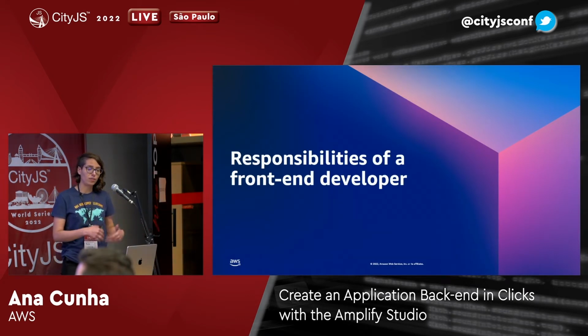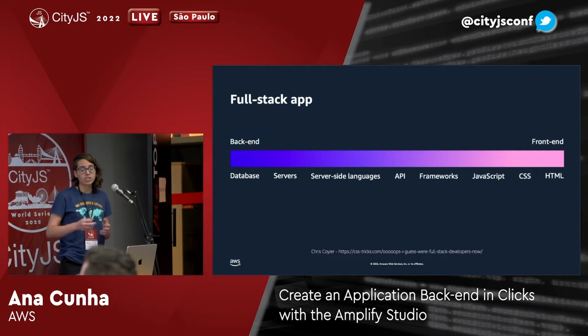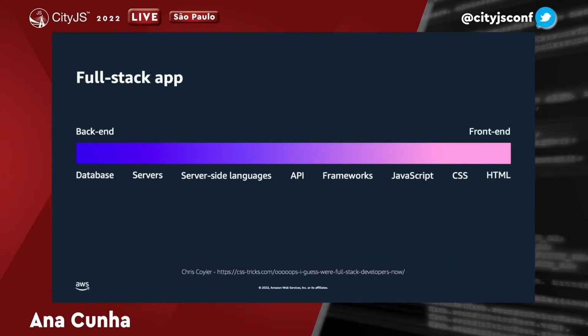But what do these evolutions mean to us? Well, the responsibilities just increased for those who work in the front end. This is a full stack complete app. We have the screen, and we go from the back end to the front end. With GraphQL, we can query data the way we want to render it on the page. Now this is the responsibility of those who work in the front end.